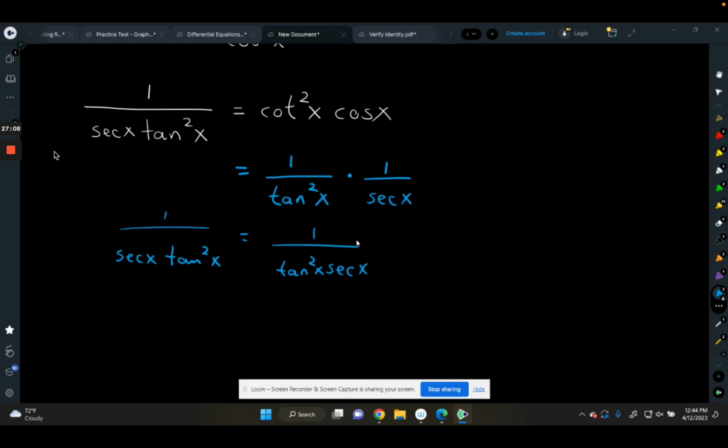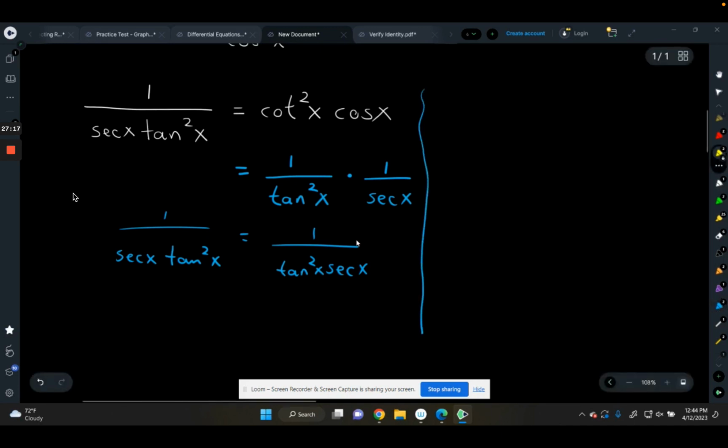Okay. Now, we could have done it by changing everything to sines and cosines. So for instance, let's work with the left side. This is going to be 1 over cosine times sine squared over cosine squared, right?